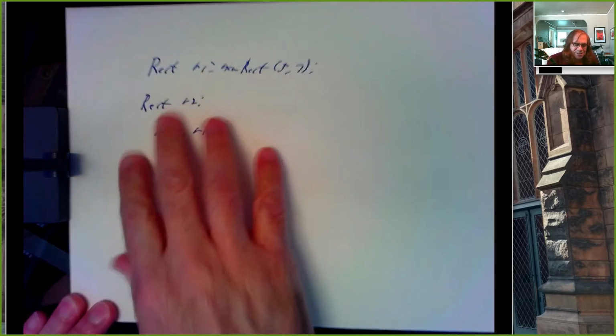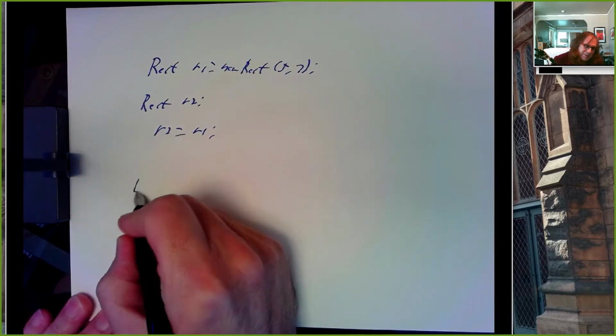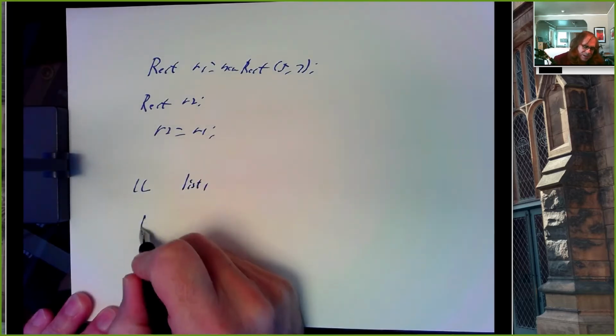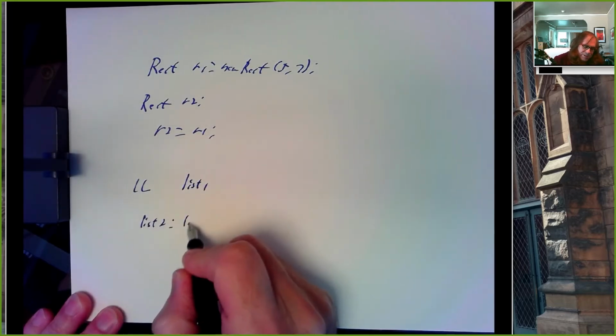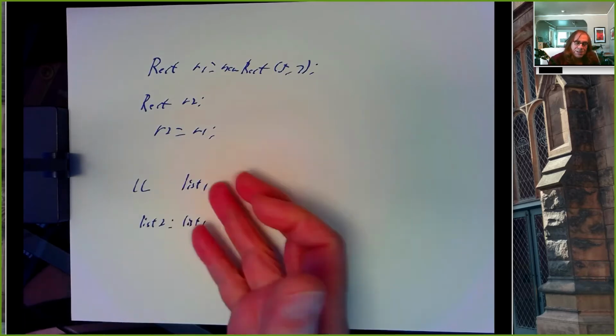But this is a general question, which is how do you make a copy of an object, right? So suppose I have a linked list, list 1, and I say list 2 equals list 1. Well, that's pretty clearly just going to make a reference to the same linked list, right?